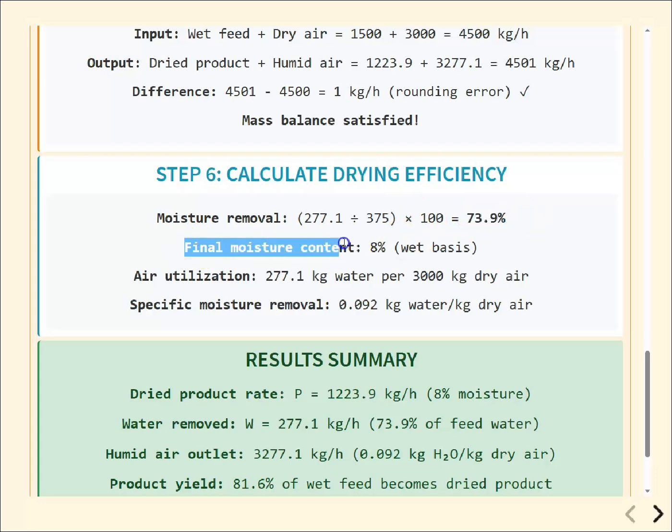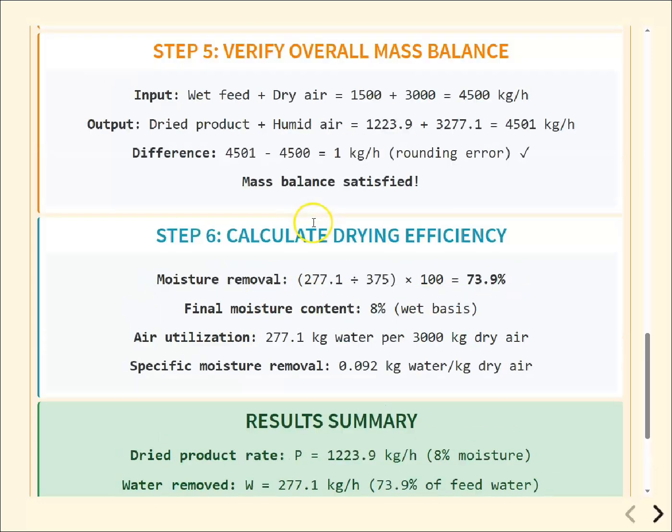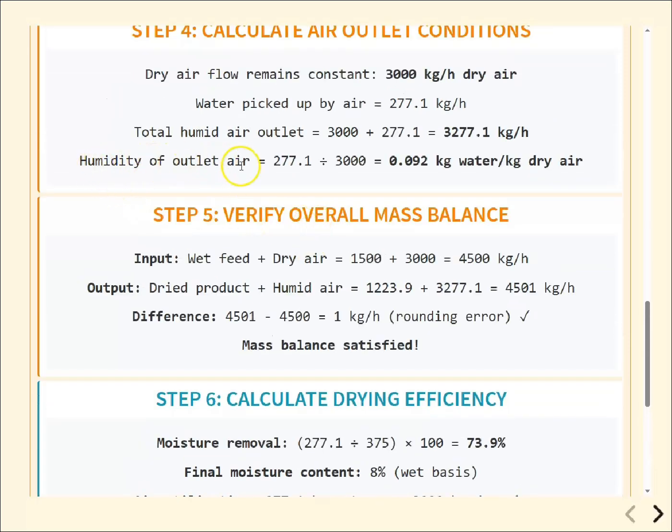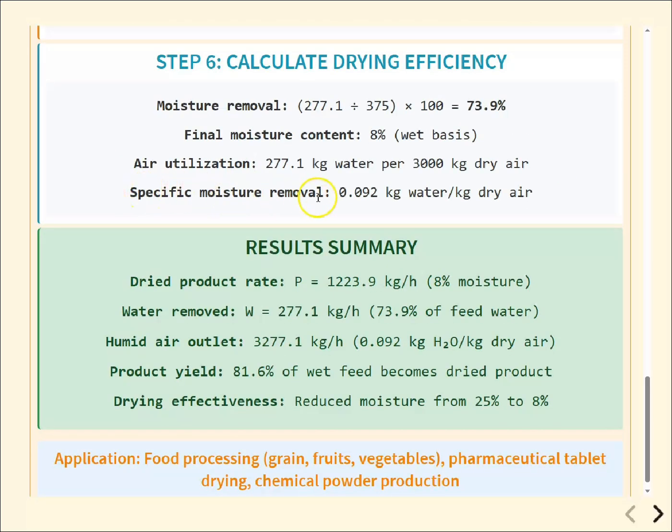And the final moisture content we already know, that is 8% wet basis. Now we can easily calculate air utilization. We remove 277 kg of water per 3000 kg of dry air, and we already calculated the humidity of the outlet air. So specific moisture removal is 0.092 kg water per kg dry air.